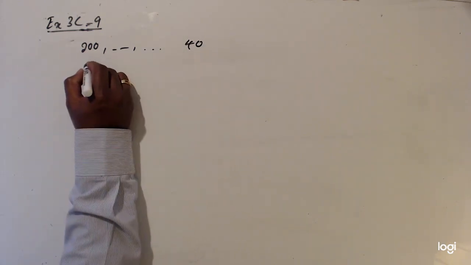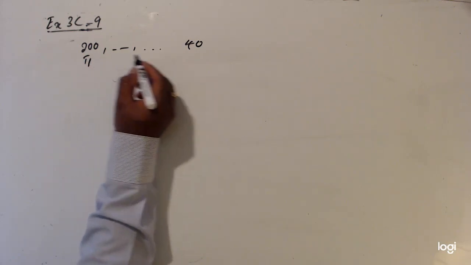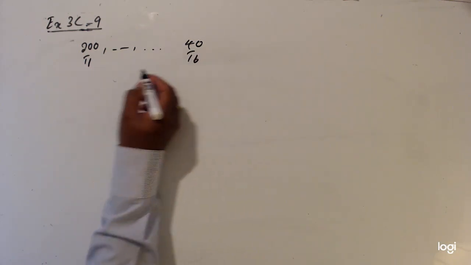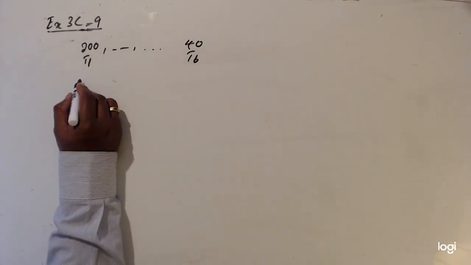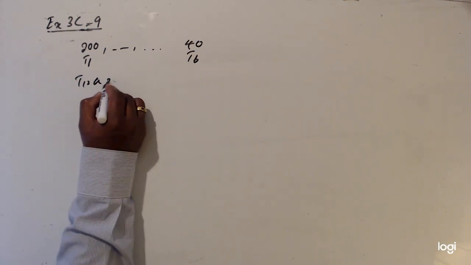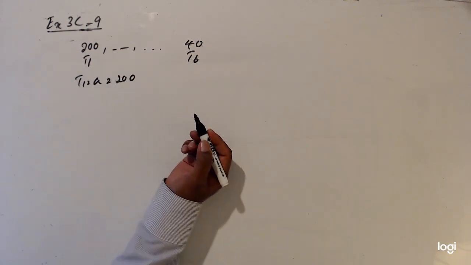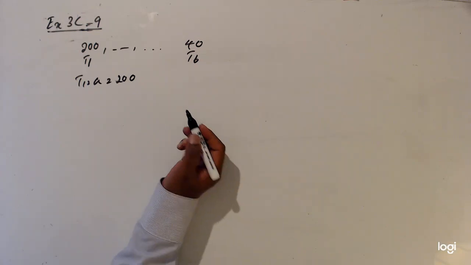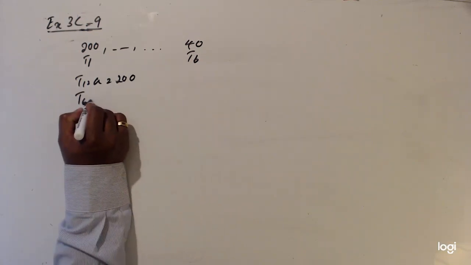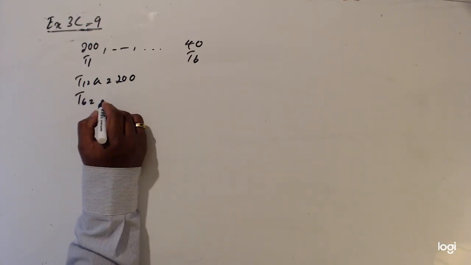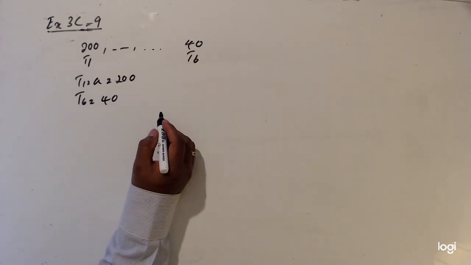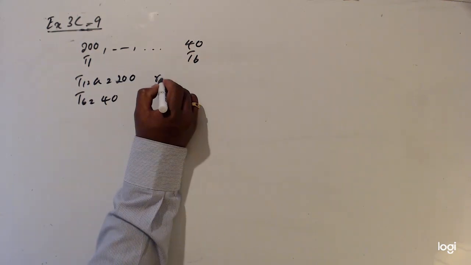So this is the first term T1, and this is T6. T1 means the first term is 200, and T6 is 40. The common ratio is P, so R equals P.